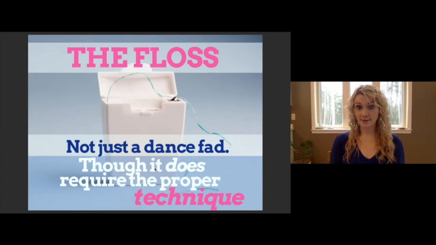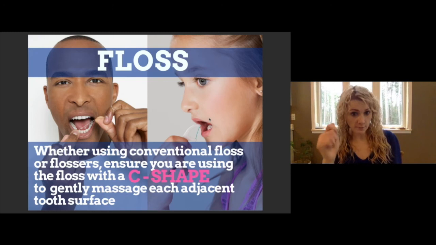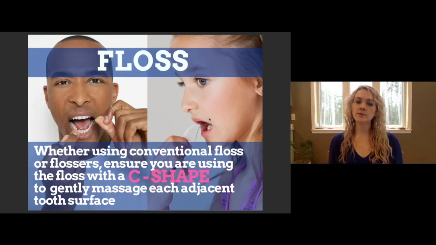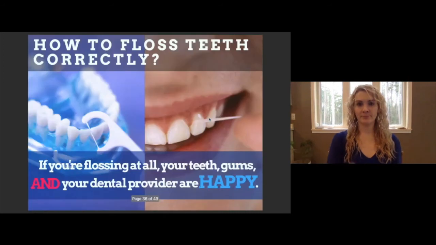The floss. Well, it is not just a dance fad, though it does require the proper technique. So, flossing. Whether using conventional floss or little flossers, ensure that you're using the floss with a C shape to gently massage each adjacent tooth surface in between your teeth.